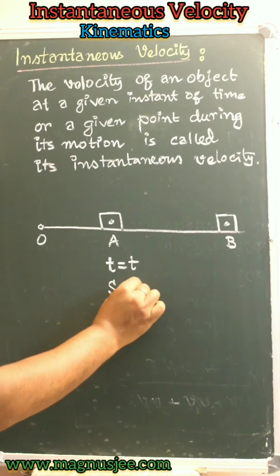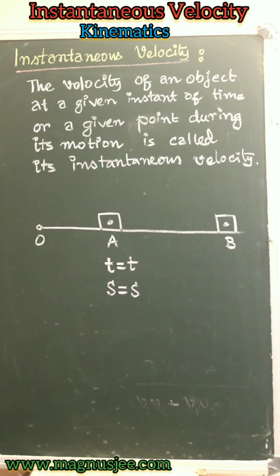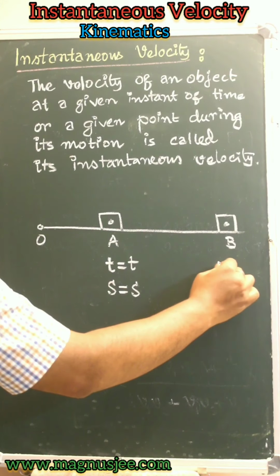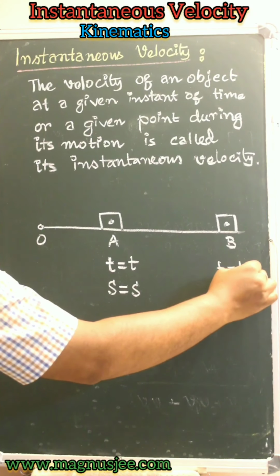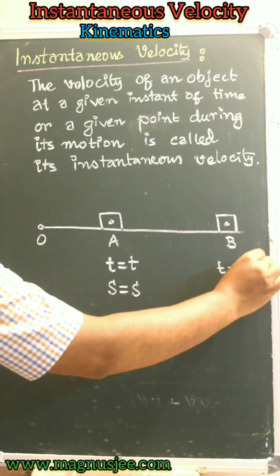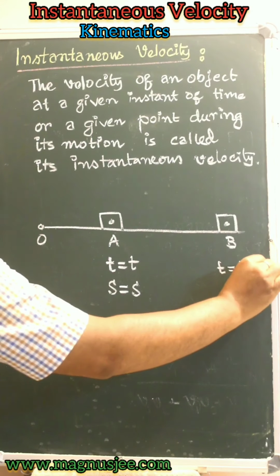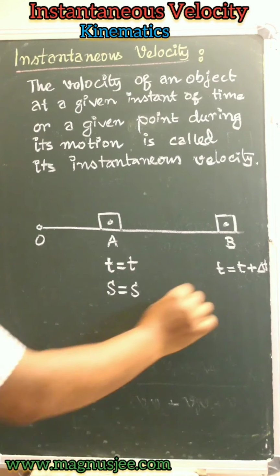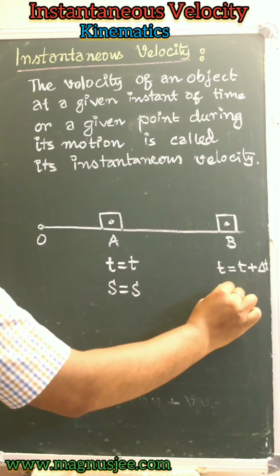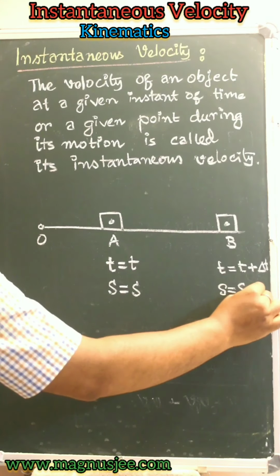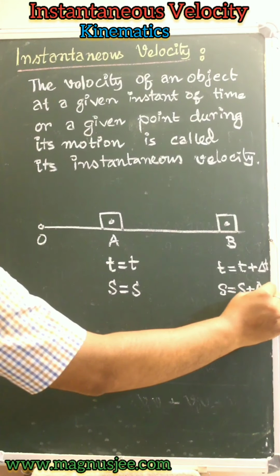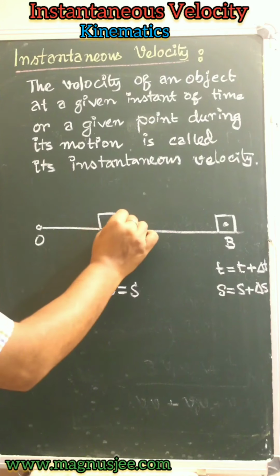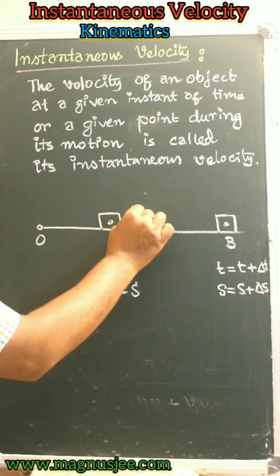the position of the body was s from the point O, and when the body reaches the point B at instant t plus delta t, the position of the body at that point B will be s plus delta s, where delta s is a small change in displacement.